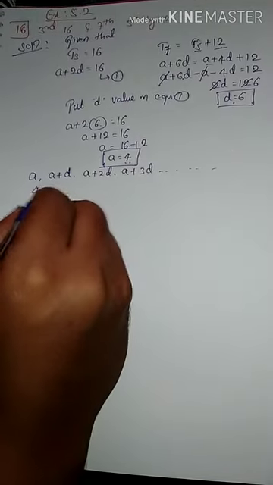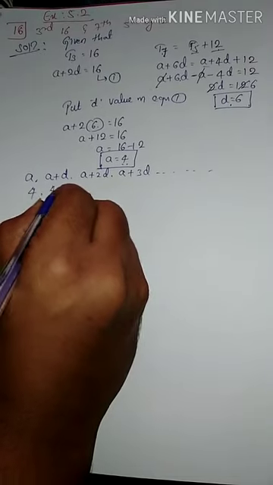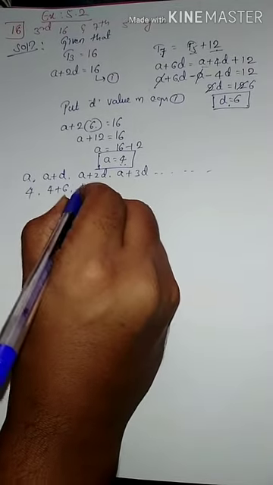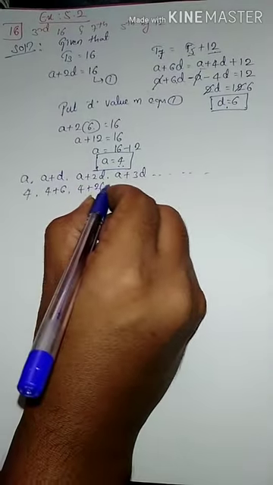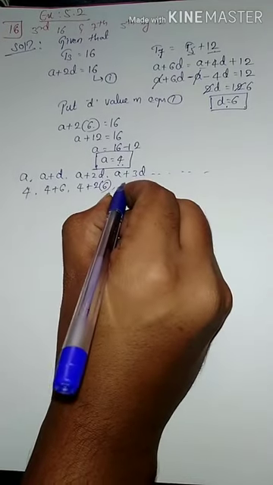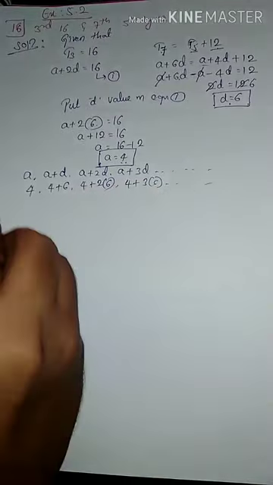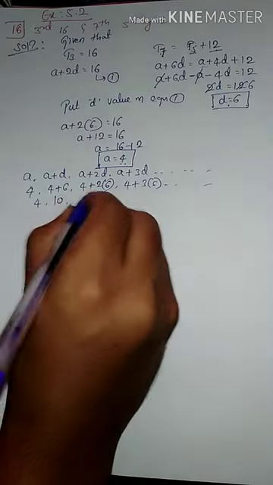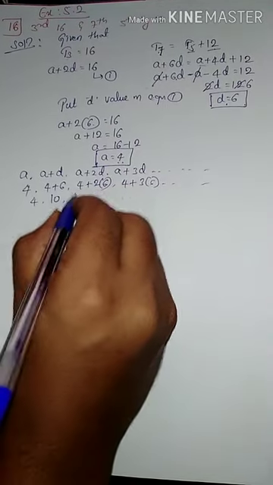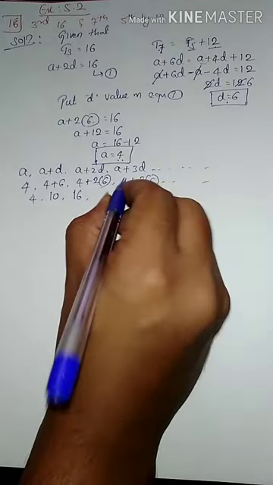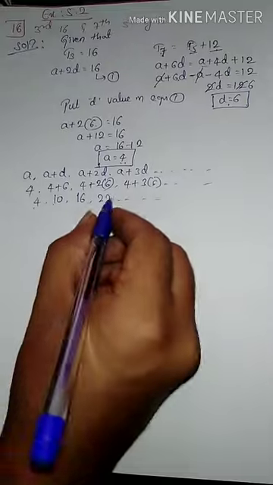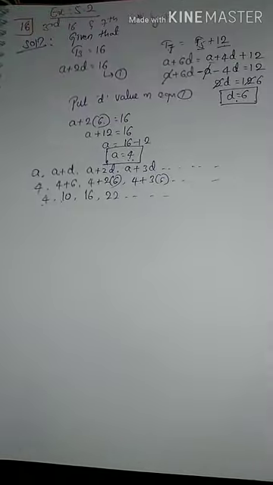A is 4, 4 plus D is 6, A is 4 plus 2 into D is 6, A is 4 plus 3 into 6, and so on. So 4, 4 plus 6 is 10, 6 2s are 12 plus 4 is 16, 6 3s are 18 plus 4 is 22. So here 4, 10, 16, 22 are the first four terms of the AP.